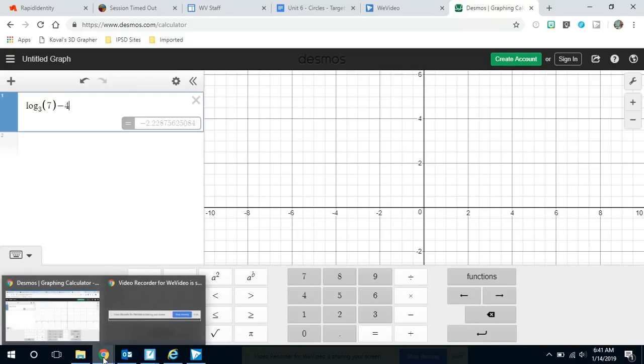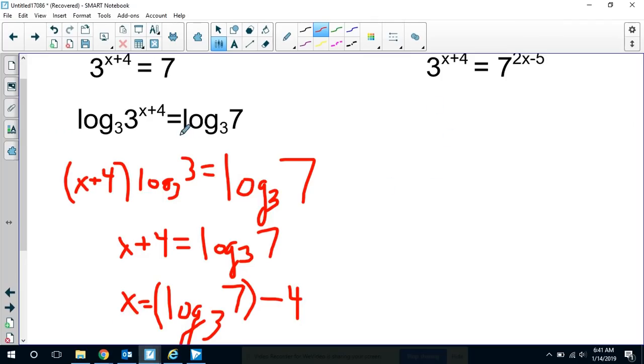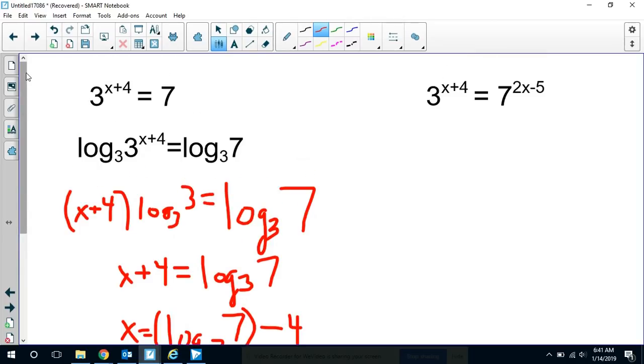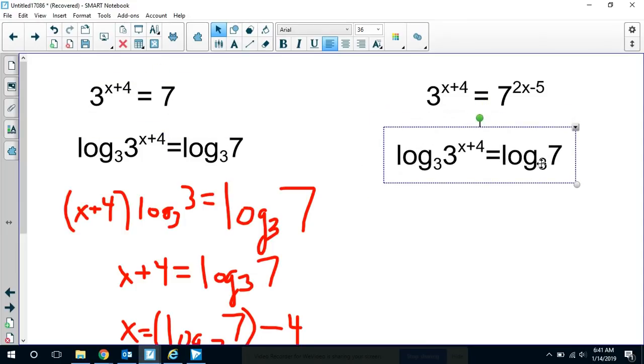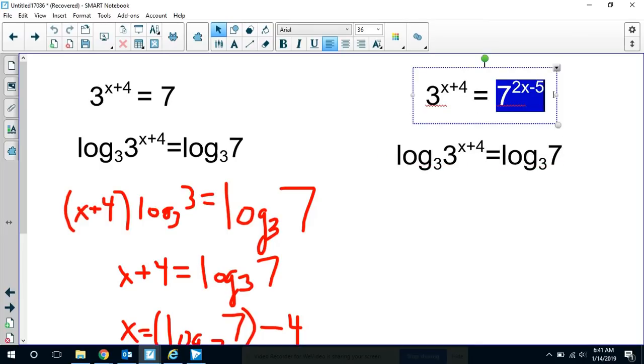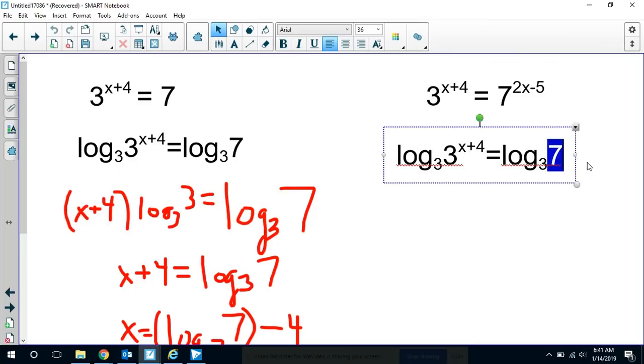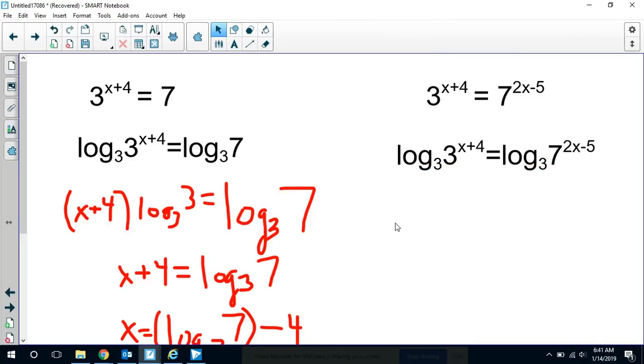Finally, let's do one last problem. So if I have 3 to the x plus 4 equals 7 to the 2x minus 5, this problem is a little bit harder. What I'm going to do is I'm going to take a log of both sides. So if I take log of both sides, I have log base 3 of 3 to the x plus 4 equals log base 3 of 7 to the 2x minus 5.